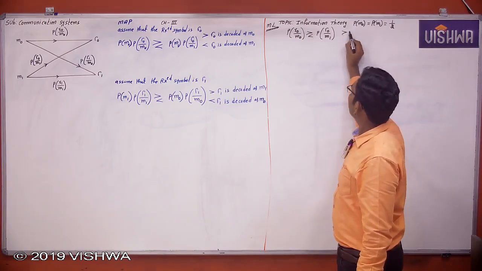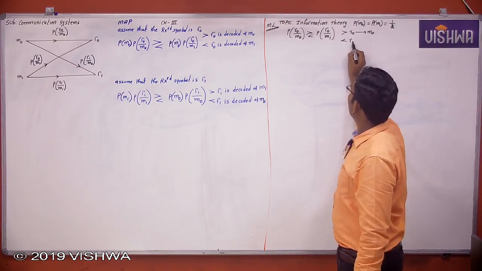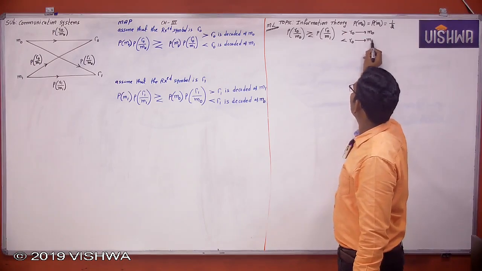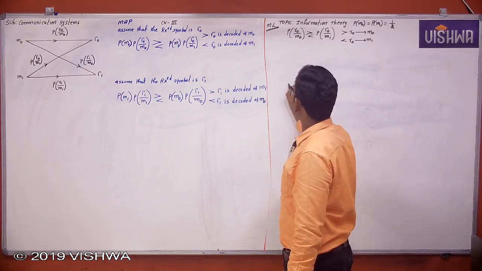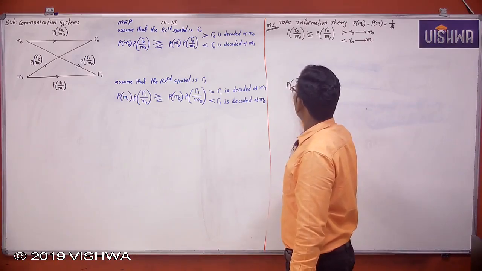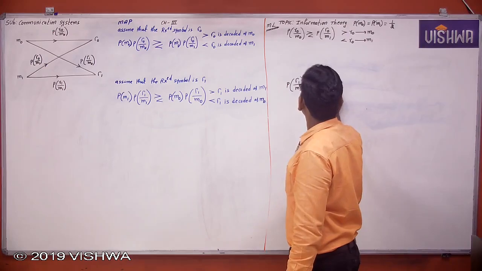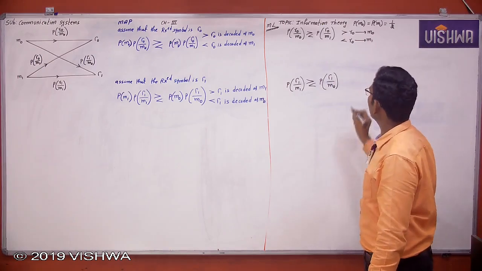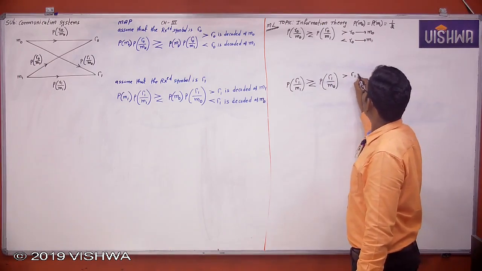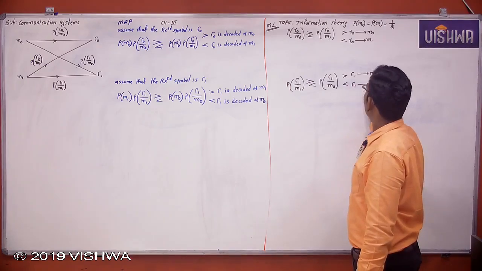If it is greater than, R0 is decoded as M0. If it is less than, R0 is decoded as M1. Now the other case is P of R1 by M1, greater than or less than P of R1 by M0. Greater than, R1 is decoded as M1; less than, R1 is decoded as M0.